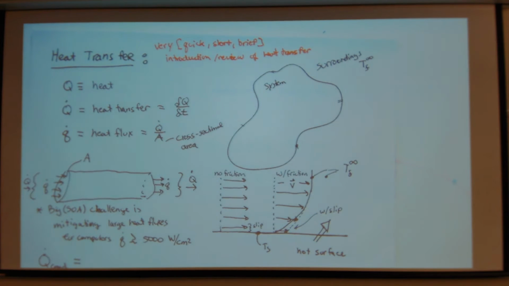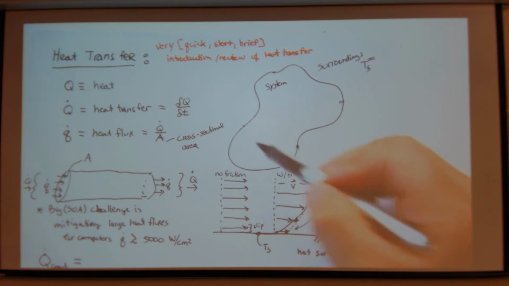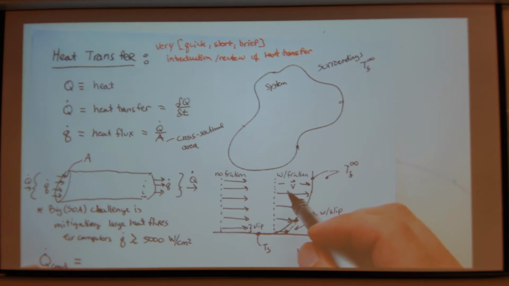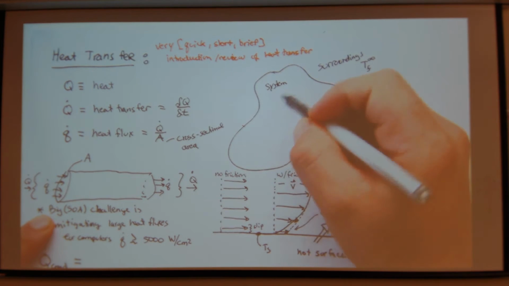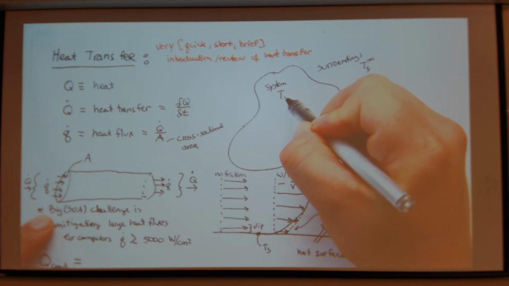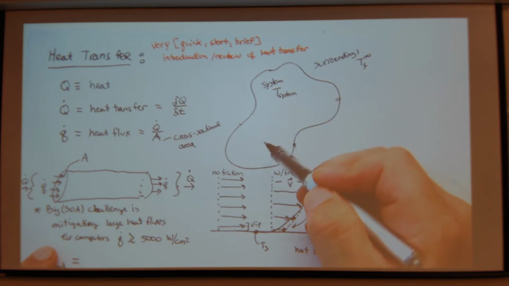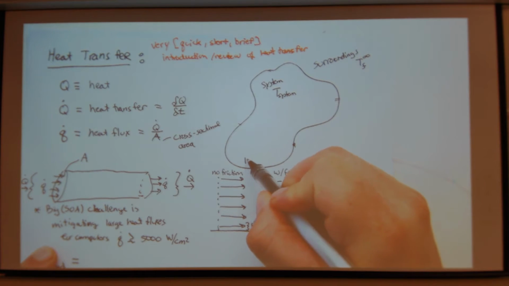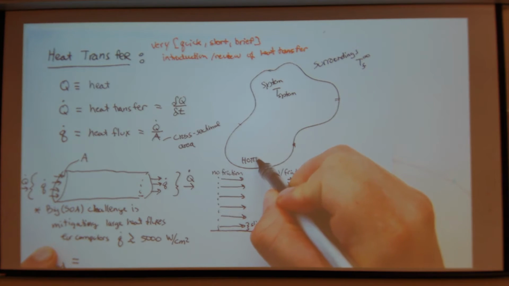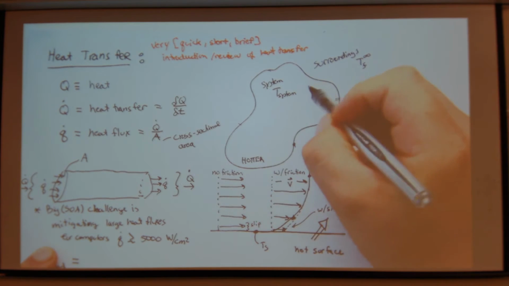I'll say the surroundings are of some fluid, could be air, could be water, and so T surroundings, T fluid at infinity, far away from the surface of my system. And then my system is at some temperature. But there might be a distribution, so this side might be hotter than this side.